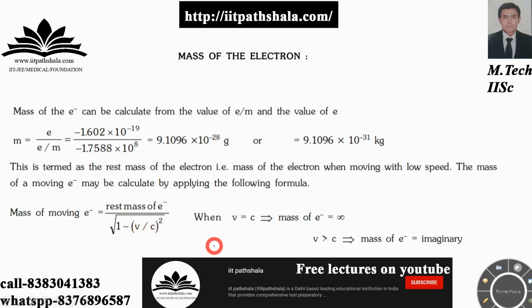Keep in mind that when v is equal to c, the mass of the electron will be equal to infinity. But when v is greater than c, the mass of the electron will be imaginary, guys. Okay, you have to remember that.